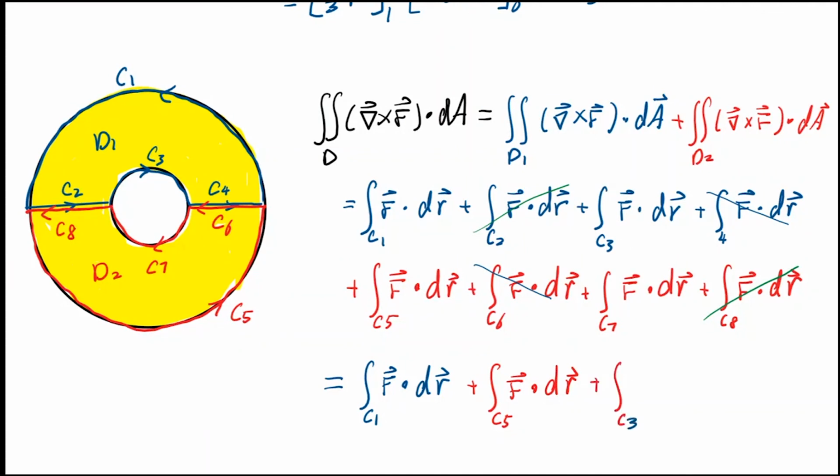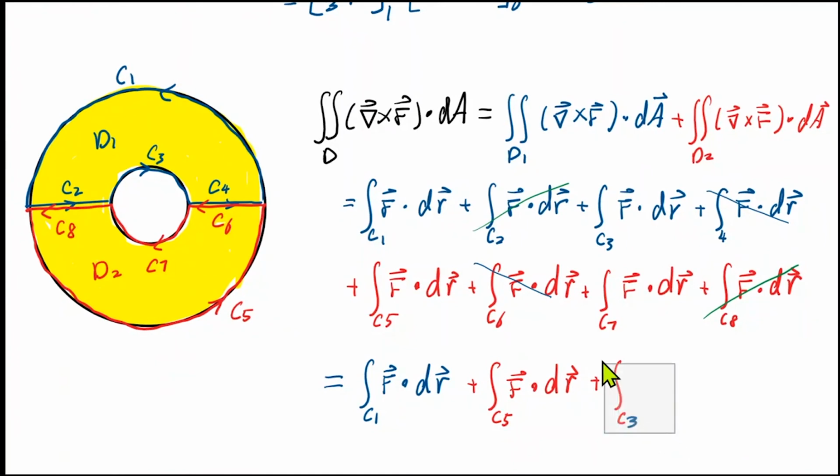C3. It didn't change the color in time. This computer is really annoying me. Whenever I'm trying to color coordinate, this thing does not want to cooperate with me. Okay, C3 of F dot dr. Change the color.